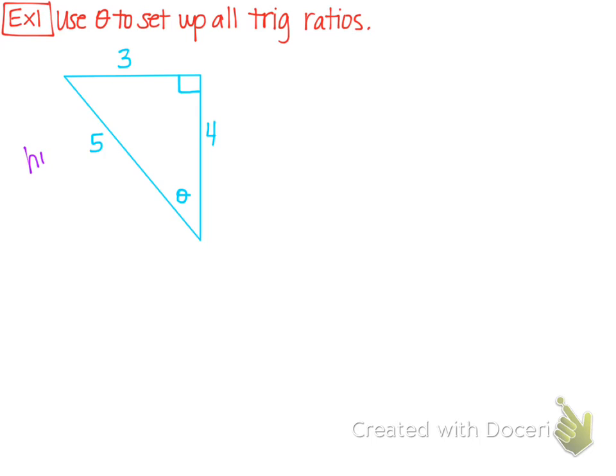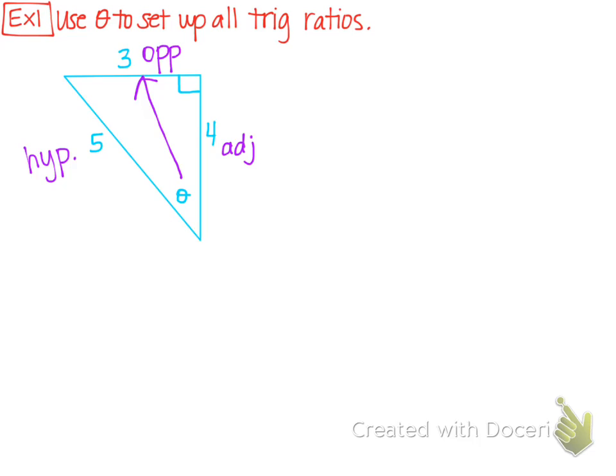So my 5 is my hypotenuse. Then you always want to pick out your opposite. Opposite is across from the theta, so that's 3, and that's opposite. And then lastly is adjacent, and adjacent helps form that angle that you're given. It touches that theta angle.